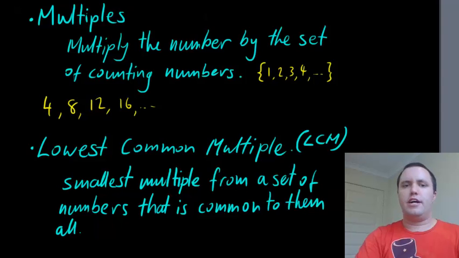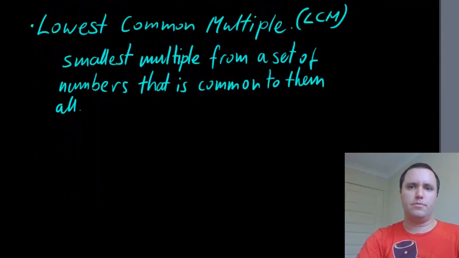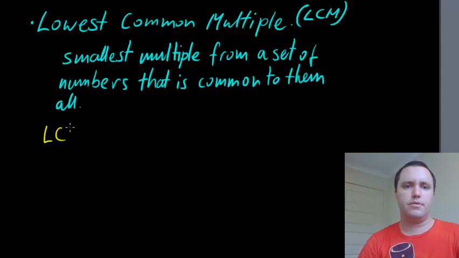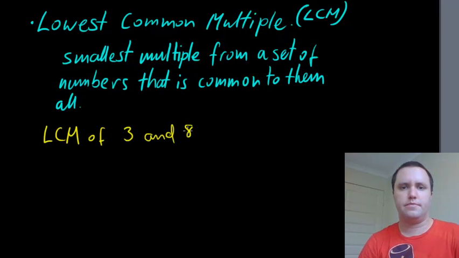However, sometimes you ask for the lowest common multiple, which is the smallest multiple from a set of numbers that is common to them all. So let's say we wanted the lowest common multiple of 3 and 8. Okay, so I'll show you how I set it up, and I'd say that this is probably not a bad idea for you.